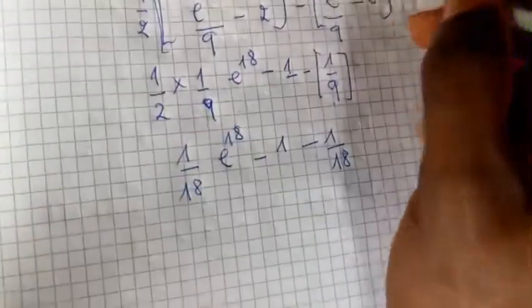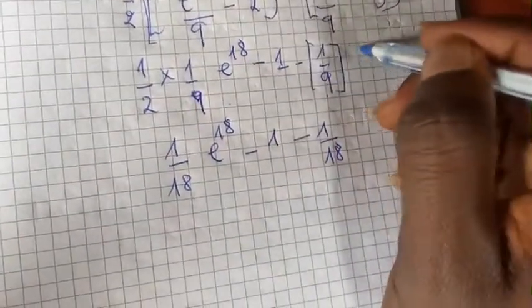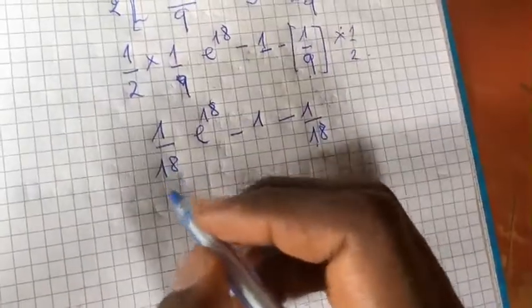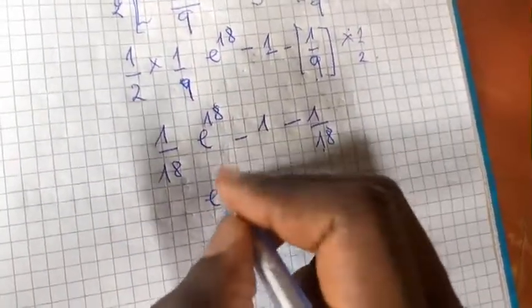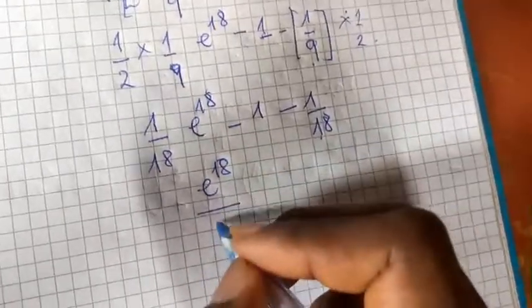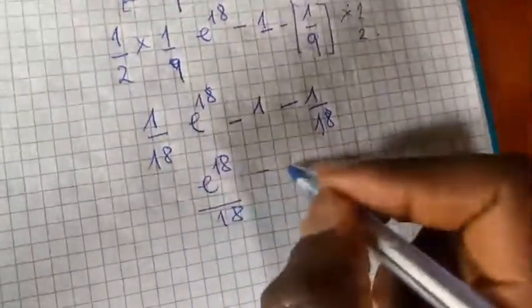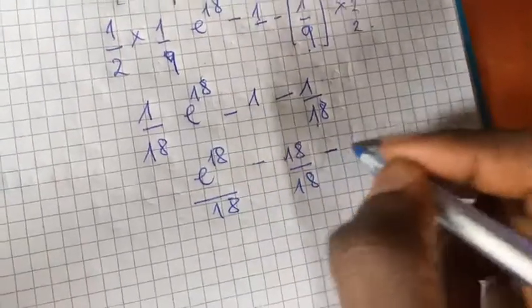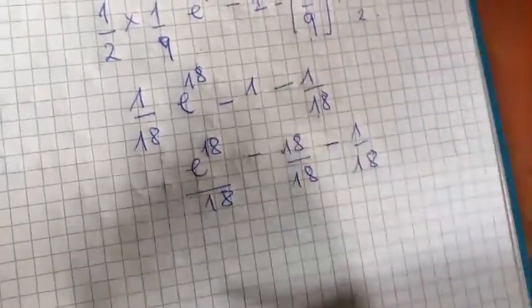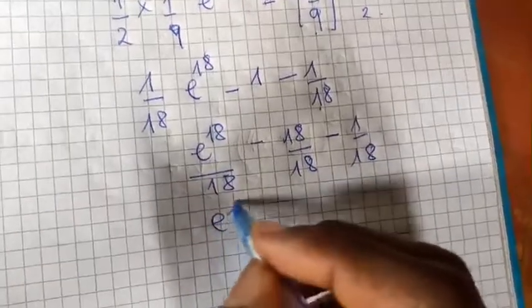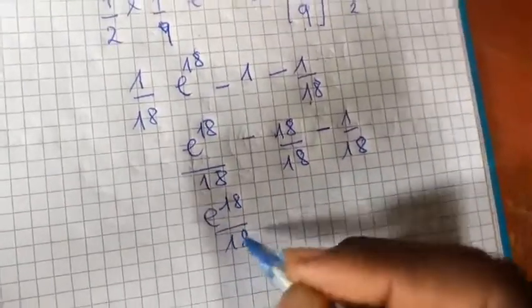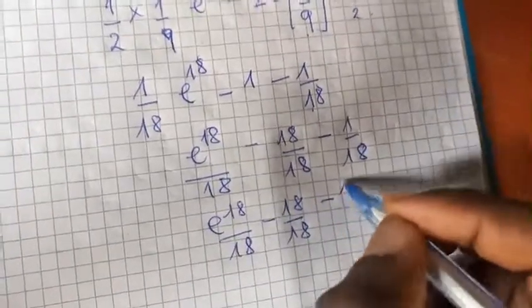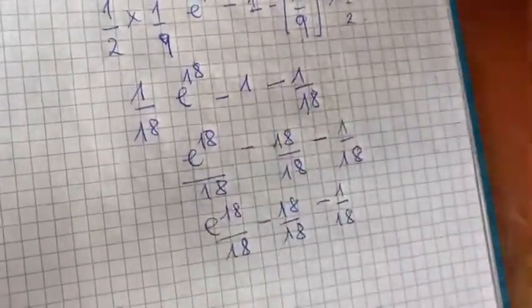Then multiplying 1 over 2 will be equal to 1 over 18, and here will be equal to e power 18 over 18 minus 18 over 18, then minus 1 over 18.